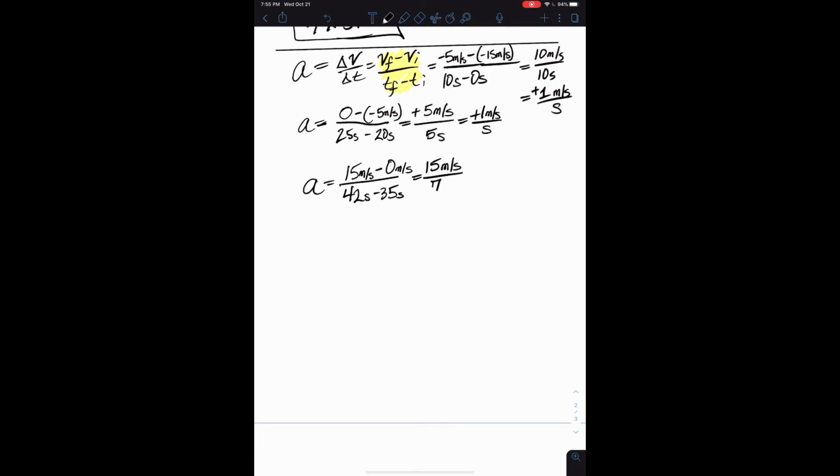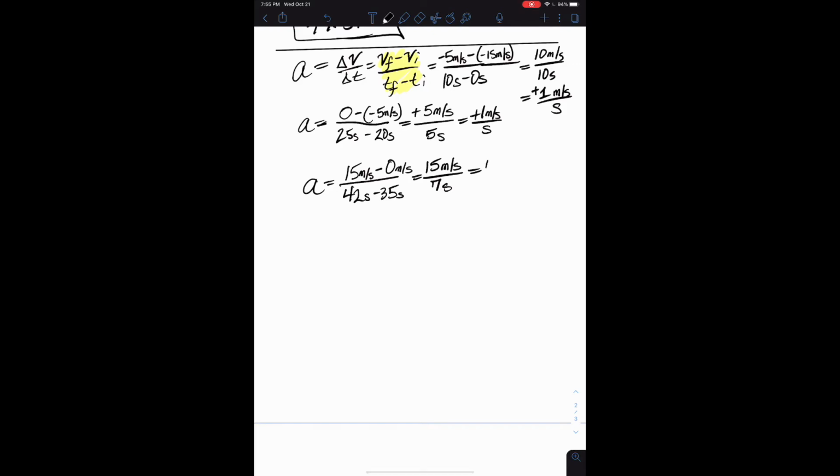It's like 7 on bottom. 15 divided by 7. What is that? I think it's 2.14. All right, we'll go with that.